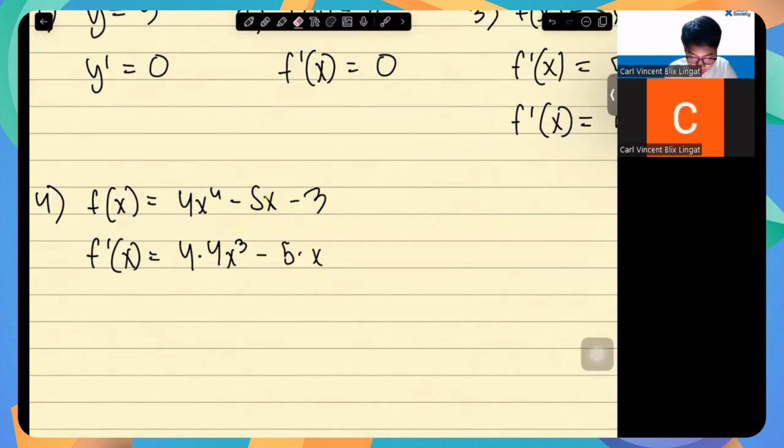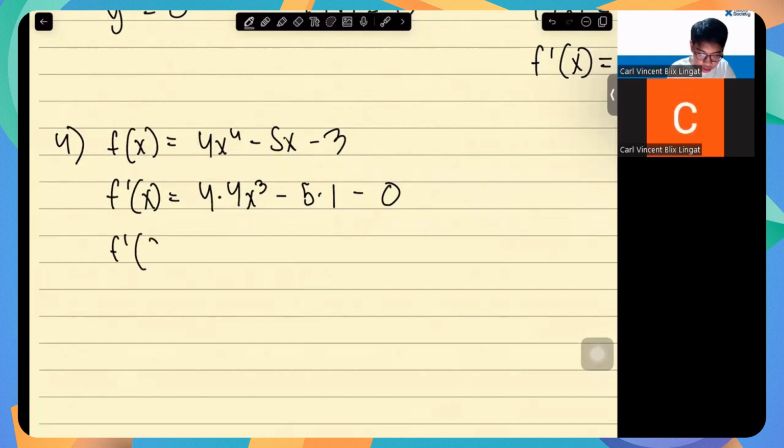Since this is just 1, we brought down 1, and then we subtracted 1 by 0. Remember, the derivative of a constant is just 0. So now f prime of x is equal to 4 times 4, 16x cubed minus 5. And that is our final answer.